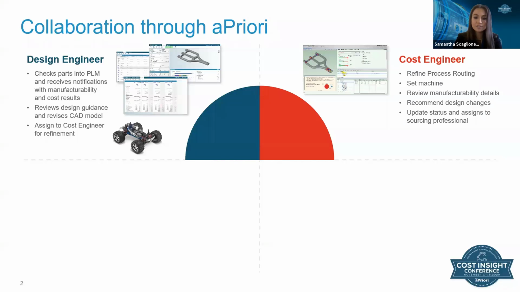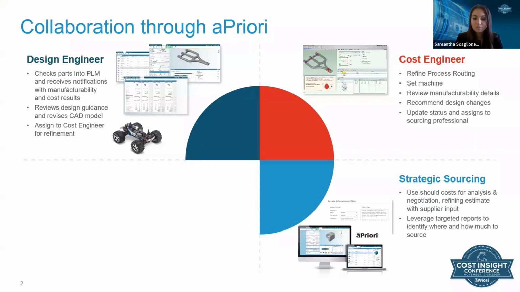The cost engineer can open the part in aPriori Professional to review the manufacturability details, refine the process routing, and set machines. She can recommend design changes and assign the part back to the design engineer, or update the part status and assign it to an individual in strategic sourcing. The sourcing professional would use the cost engineer's refined estimates for analysis and negotiation.